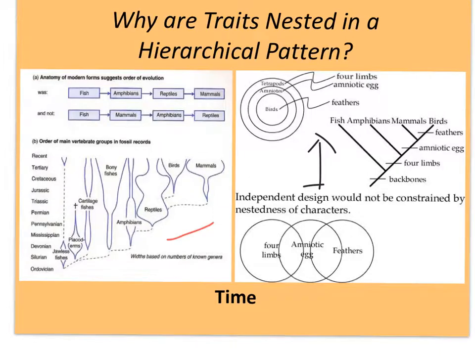But the fish doesn't have four limbs. All of these have four limbs. Later on, the amniotic egg evolved, and so we have these, including reptiles. So all of these things fit inside of the other. This whole branch here fits inside of the fish because they all have a vertebral column. Now, this is all because of time.